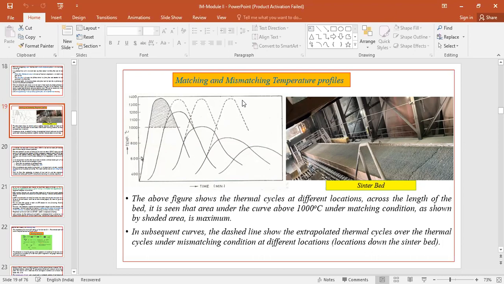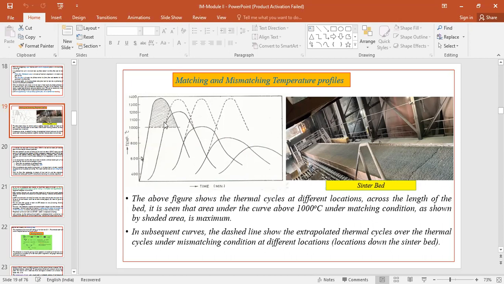If not, if suppose the flame front and the heat front are not matching, that is, a mismatch is taking place between the flame front and heat front, then in those layers the sinter bed cannot attain the required maximum sintering temperature.